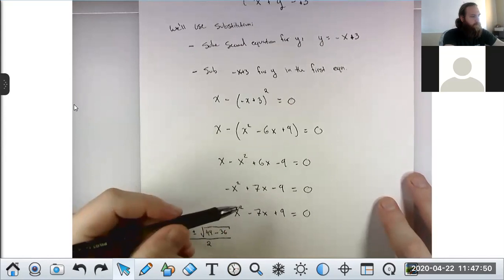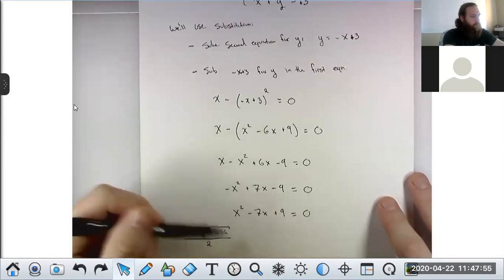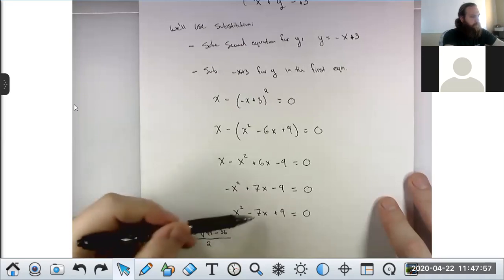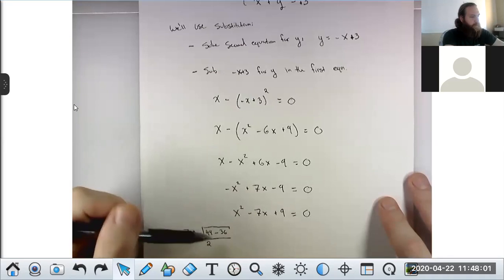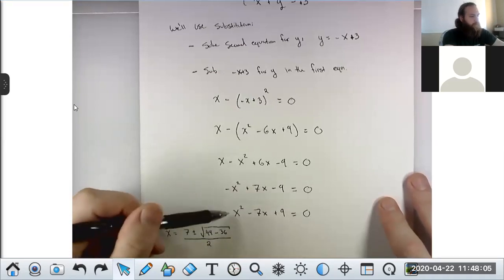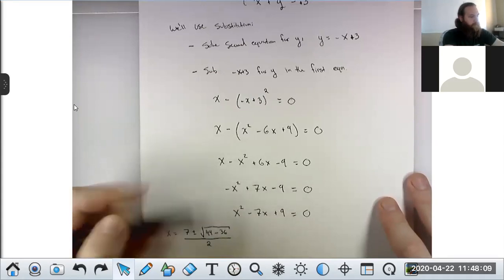Let's see, did we do that right? Yep, so x equals negative b. B is -7, so negative b is 7, plus and minus the square root of b squared, well, -7 squared is 49, minus 4 times a times c, which is 4 times 9 is 36, all over 2.